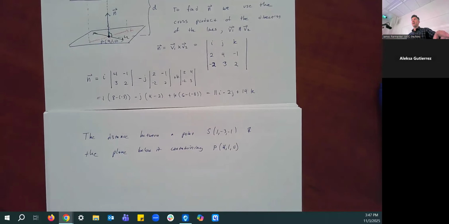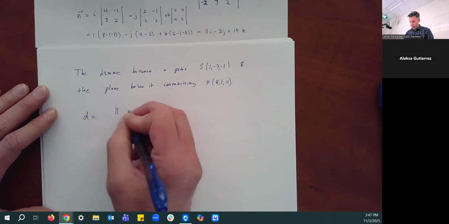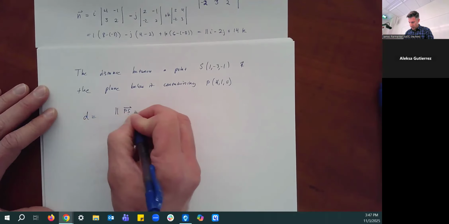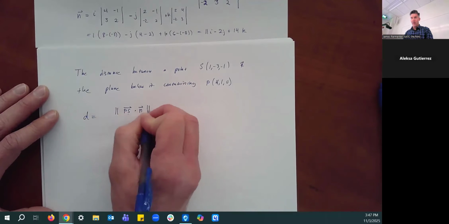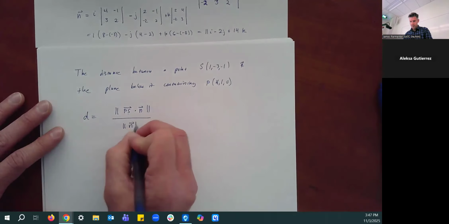It's not a line, so we don't use sine, we have to use cosine, meaning it's the dot product formula. So the distance is equal to the magnitude of PS dotted with the only other vector you've got, which is n, divided by the magnitude of n.